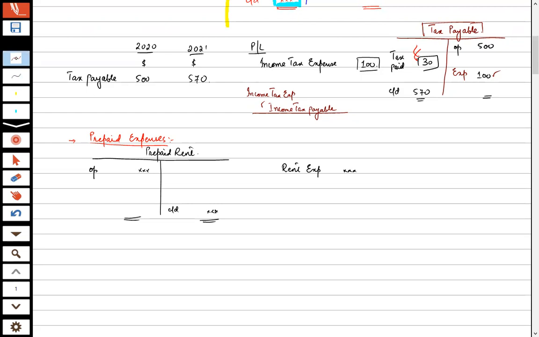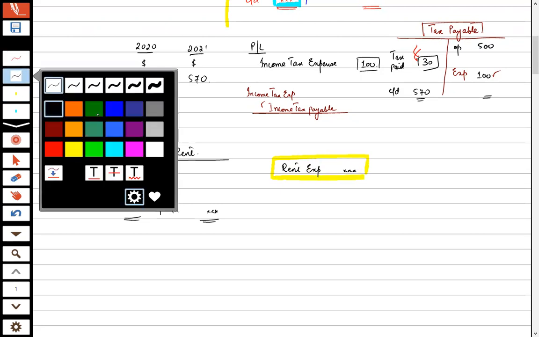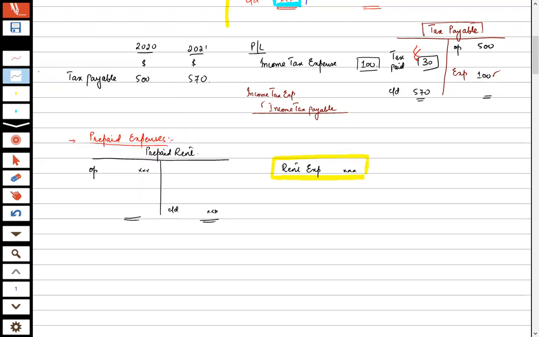Now listen to this carefully. Under the prepaid and expiration concept that we learned earlier, whenever a prepaid is expensed out, we make the entry of rent expense debit and prepaid rent credit.